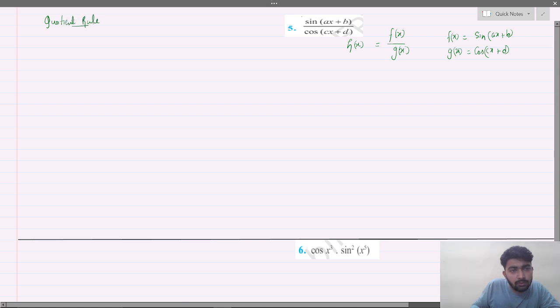Suppose you have a function f(x) upon g(x), this is your h(x), and if we want to differentiate this function, we need to find dh/dx, or d/dx of f(x) upon g(x).